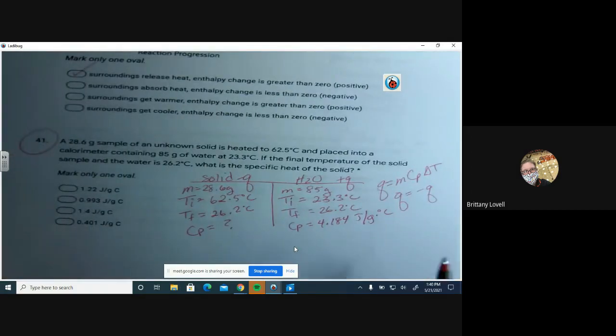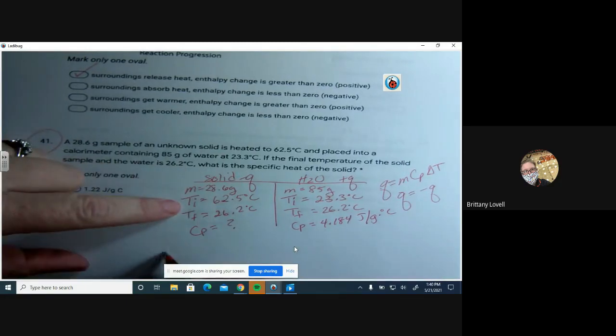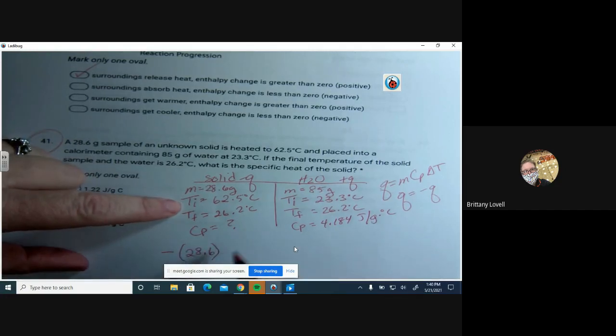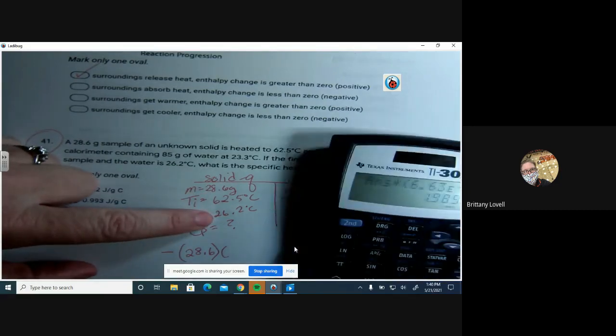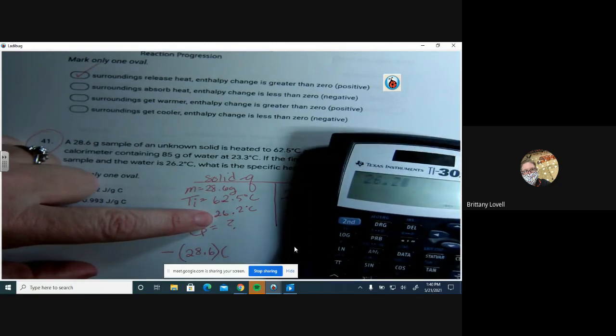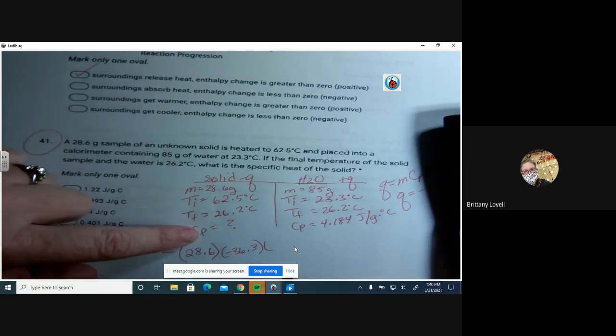So what we're going to do here, since this is our negative Q, I'm going to say negative 28.6, there's my mass, times my final minus initial. So I'm going to do 26.2 minus 62.5, so I've got negative 36.3, times my specific heat, just like that.